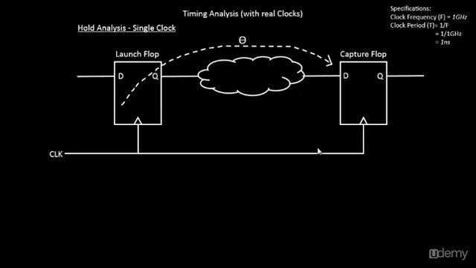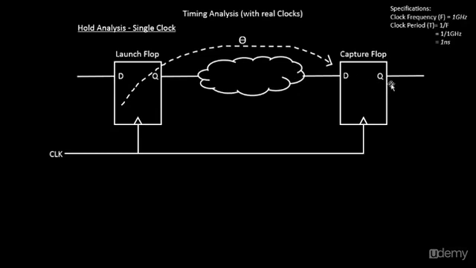And there is one more thing that happens: let's say there is already an existing data at the center of the flop, and whenever a clock hits this flop, some finite amount of time is required for the data to process out of the flop. There is a mux over here, which is again built of MOSFETs, so those MOSFETs, that combinatorial logic, will take some finite amount of time to bring the data from the middle of the flop to the Q pin. That finite amount of time is called the hold time.